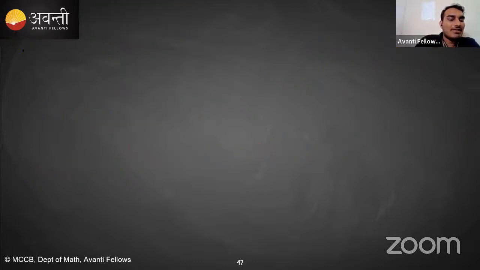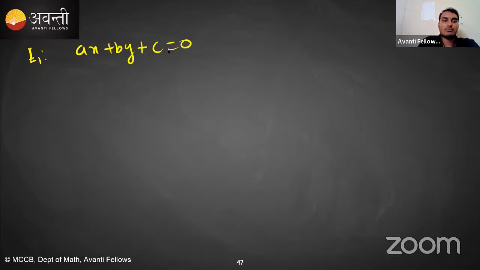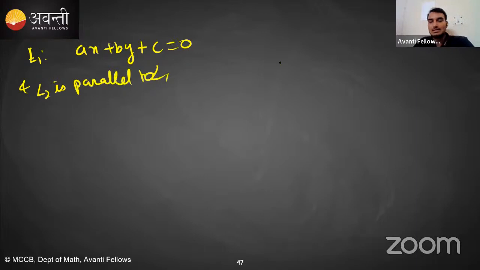So let's say if I tell you that one line L1 is ax plus by plus c is equal to 0, and I tell you that the second line L2 is parallel to L1.